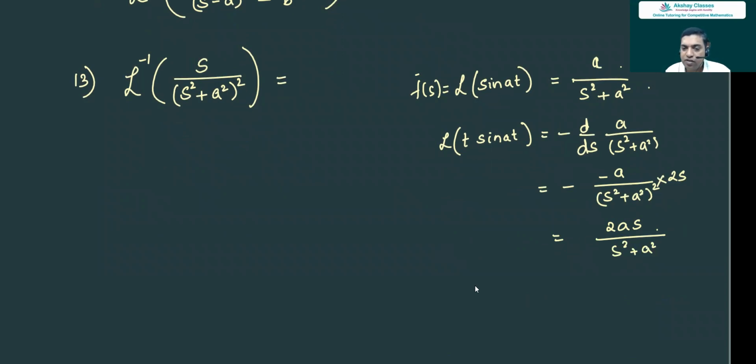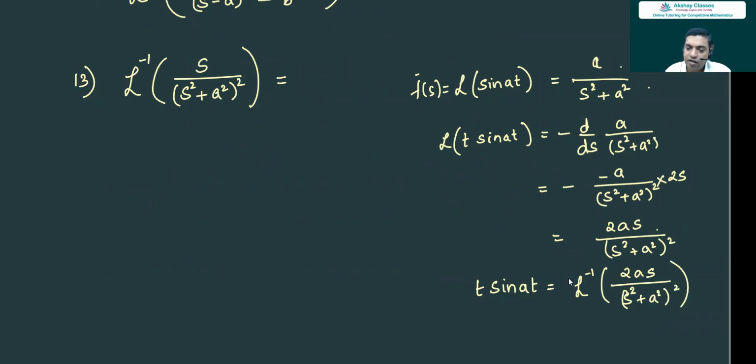So now if we do an inverse, t sine at will be Laplace inverse of 2as by (s square plus a square) the whole square. So this 2a, we can bring it out and bring it to the denominator this side. So we get Laplace inverse of s by (s square plus a square) the whole square is 1 by 2a t sine at.